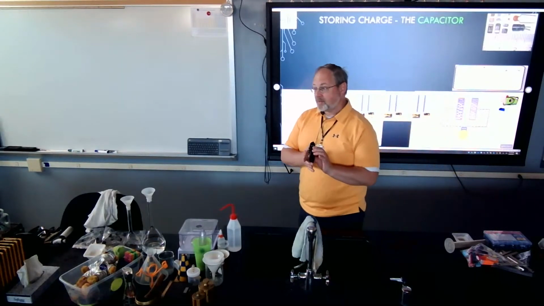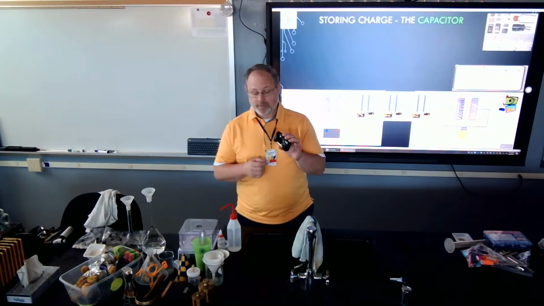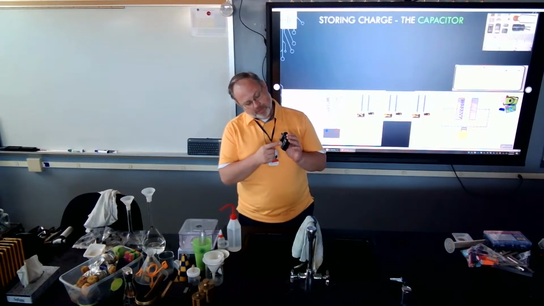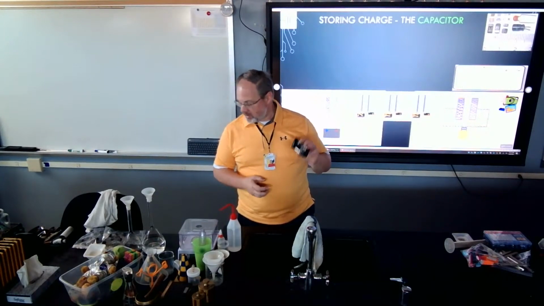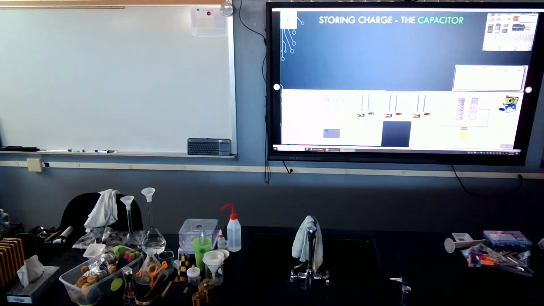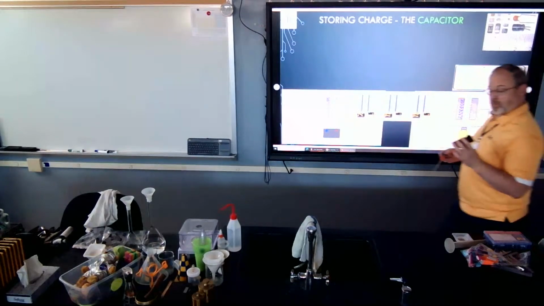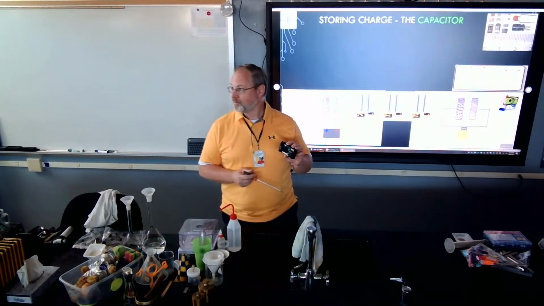They were a big deal about 30 years ago. And what they do is they have a little circuit board and then this single AA battery. And that single AA battery charges a capacitor. And that capacitor gets charged up and then dumps all of its power all at once.